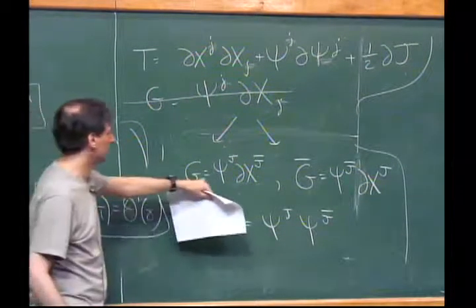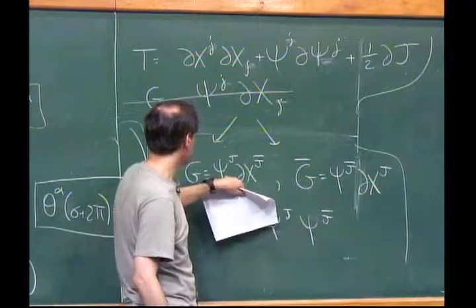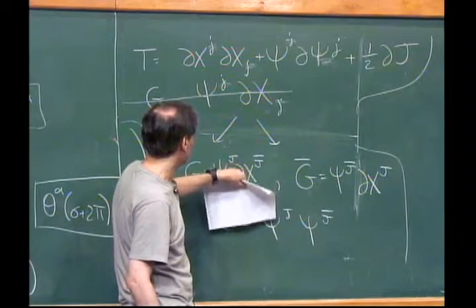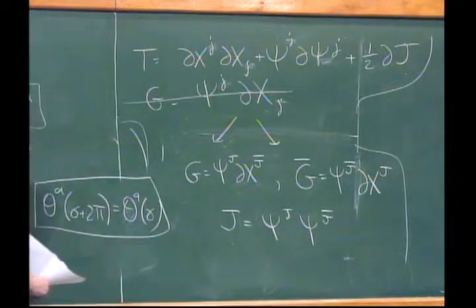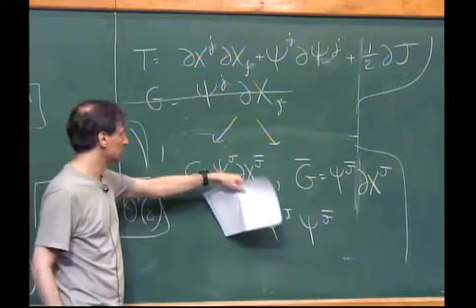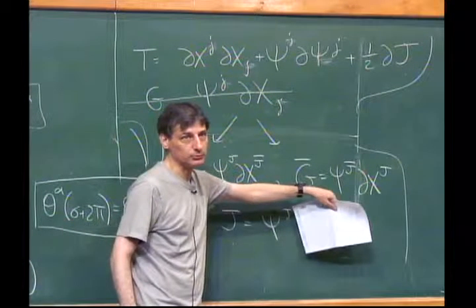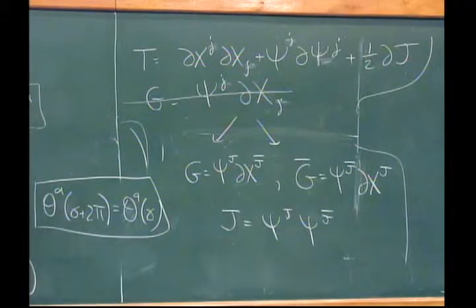Now, if G has spin 1 and G bar has spin 2, that means psi^j has spin 0 and psi^j bar has spin 1. So we no longer have spin 1/2 world sheet variables. We now have spin 0 and spin 1 world sheet variables. Now, of course, once we have integer spin, we no longer have to worry about this periodicity or anti-periodicity.